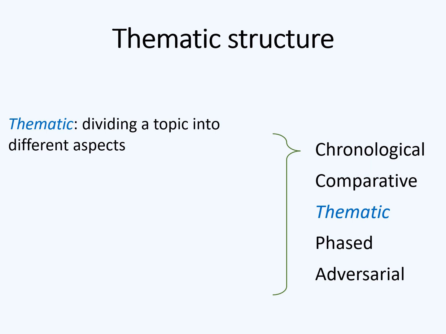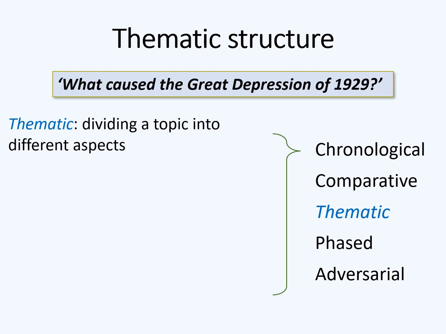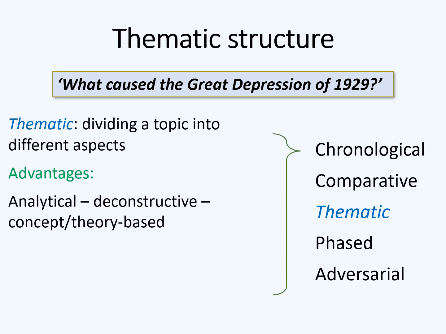Thematic structures are also very common and are ideal for questions such as, what caused the Great Depression of 1929? That invite you to evaluate a range of different factors relating to a complex event or phenomenon. Thematic structures are implicitly more analytical, precisely because they require you to identify the themes against which to deconstruct the topic at hand.